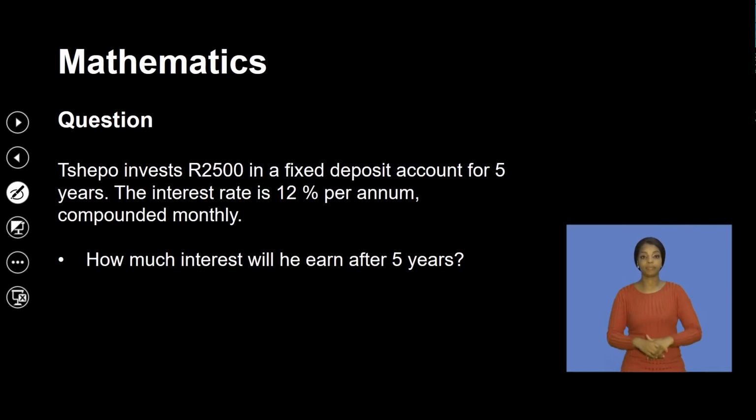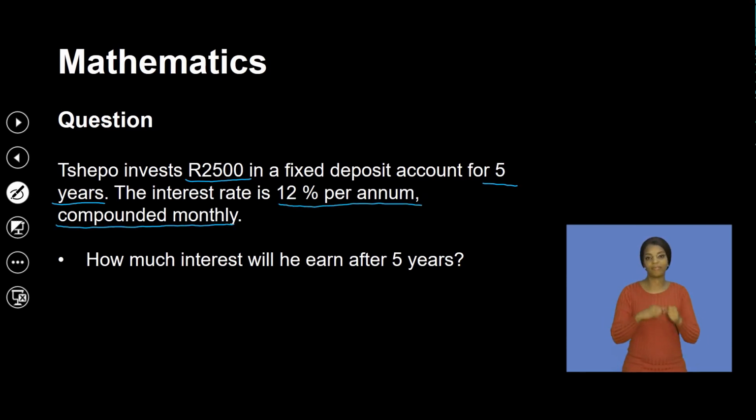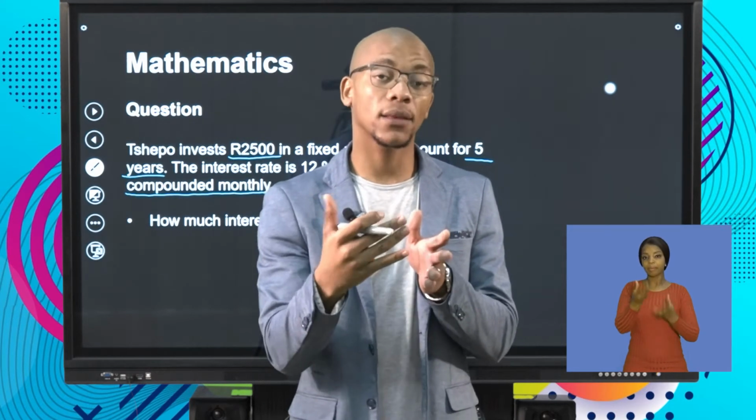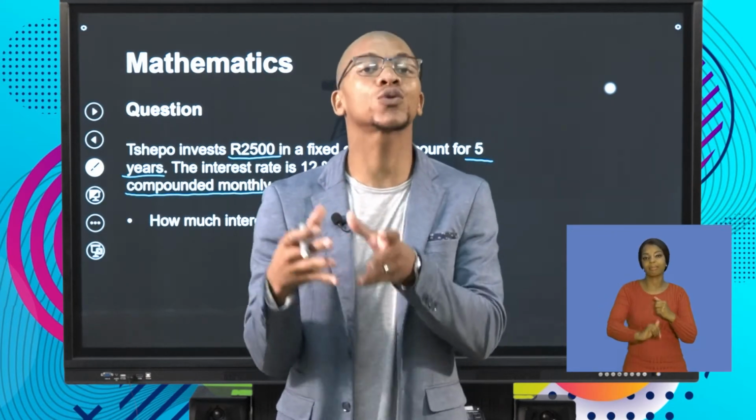Now we have Tshepo, who's also investing the very same amount of money for the same duration as Busi, but now the interest is no longer simple interest. Instead, it is compound interest, which is compounded monthly. Remember what we said in our last lesson: if it's compounded monthly, it simply means that this person is going to get interest every month, but it must amount to 12%.